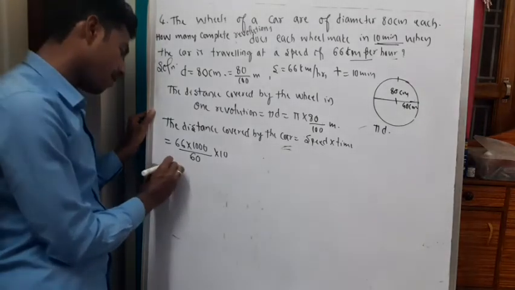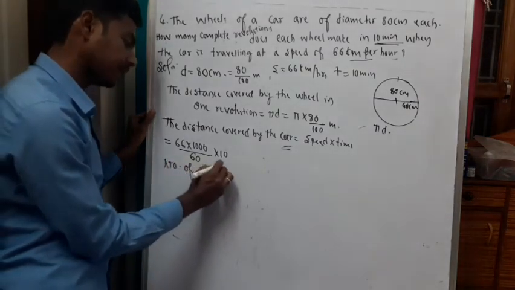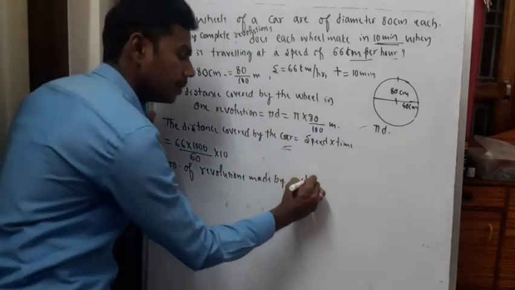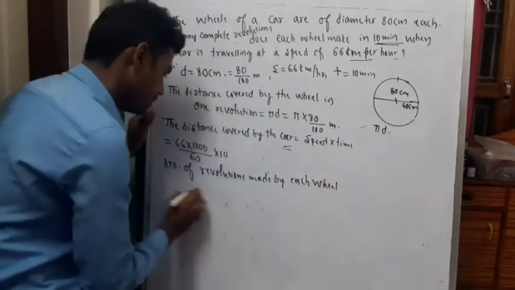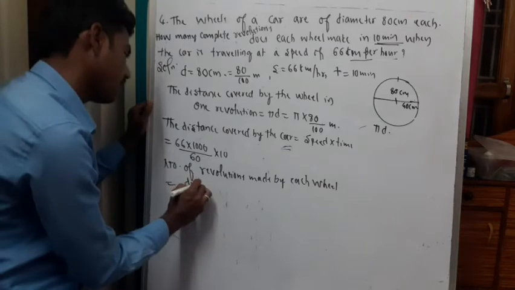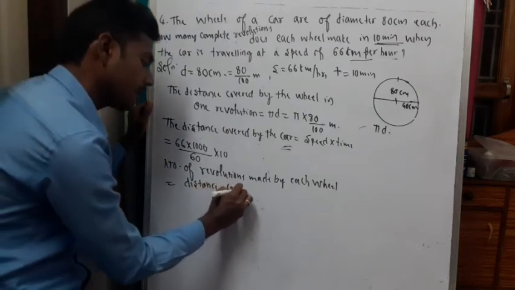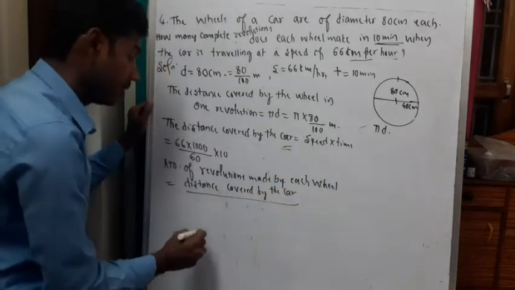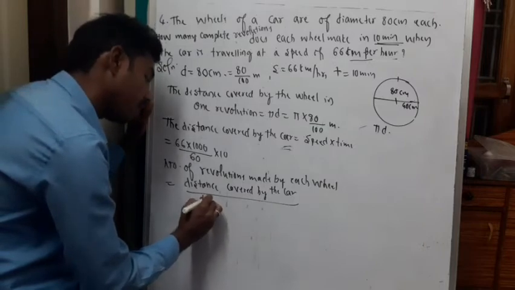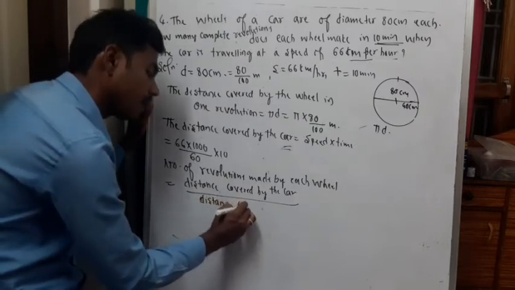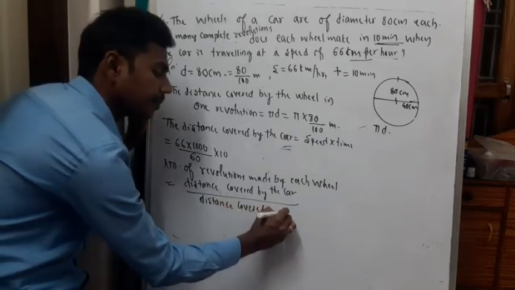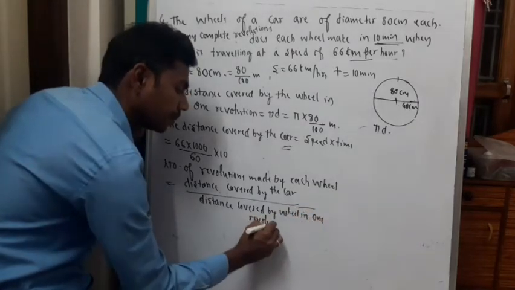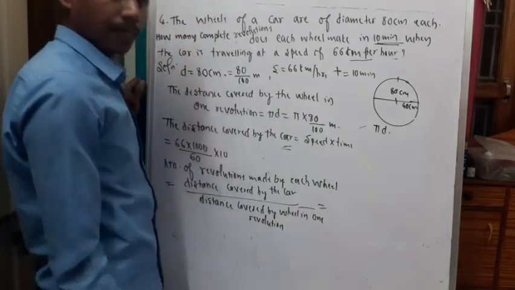Now, the number of revolutions made by each wheel is equal to the distance covered by the car divided by the distance covered by the wheel in one revolution, which is equal to what?